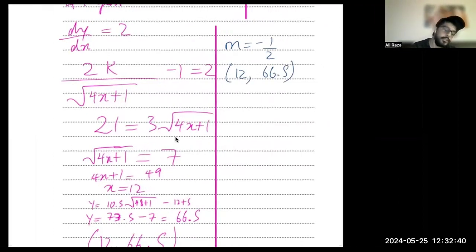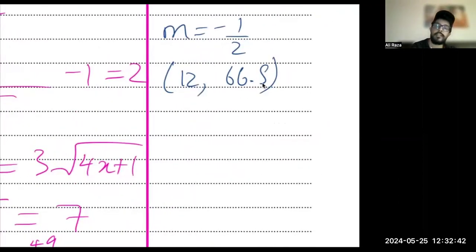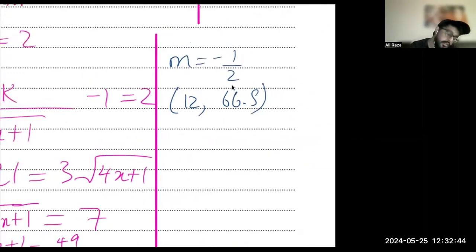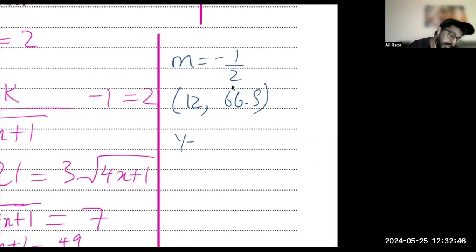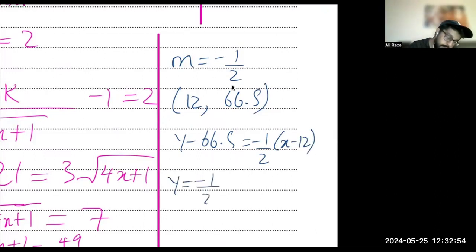Now using this gradient and the coordinate values, we'll construct the equation. So y minus 66.5 is equal to minus 1 over 2, x minus 12. This would be our equation.